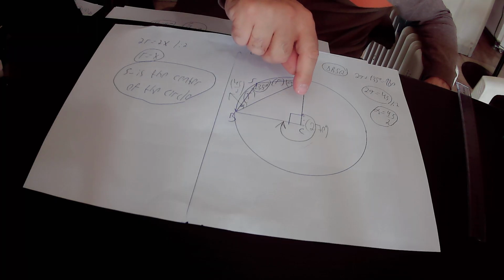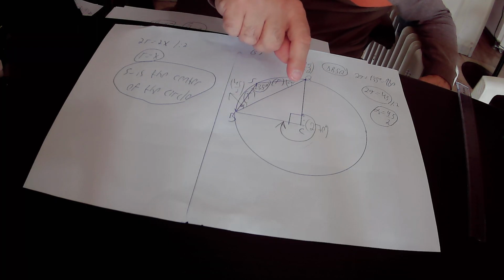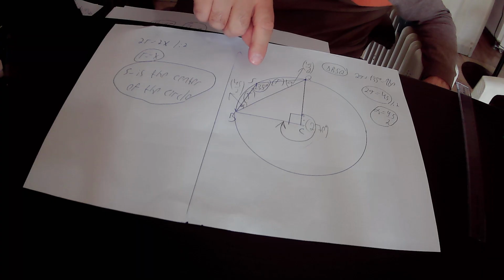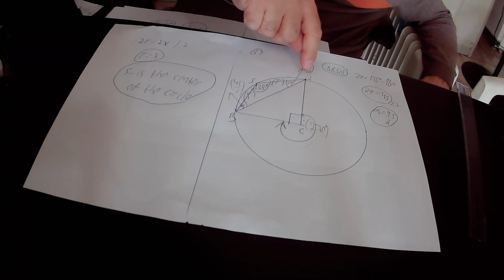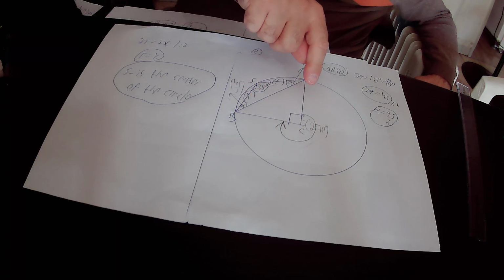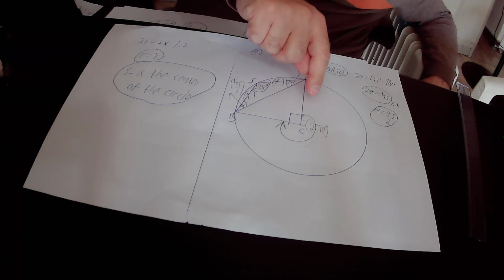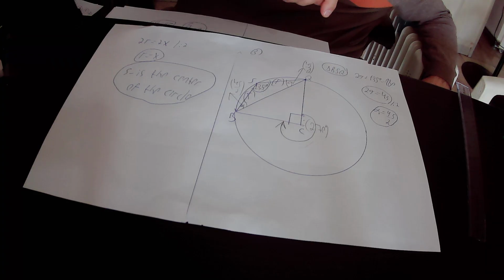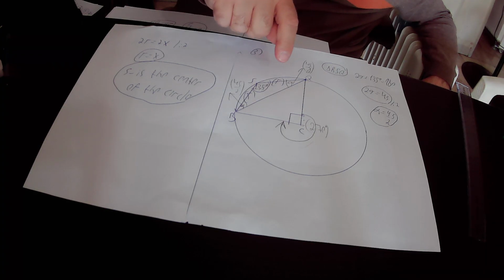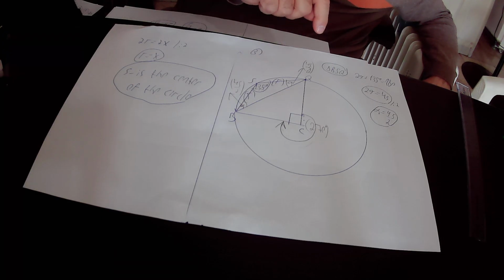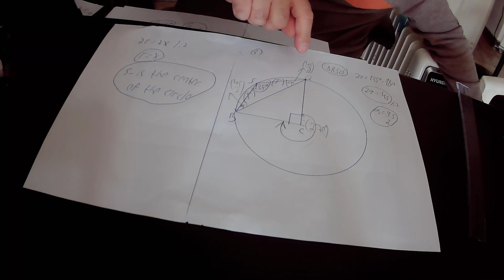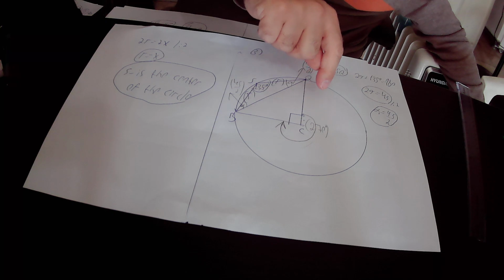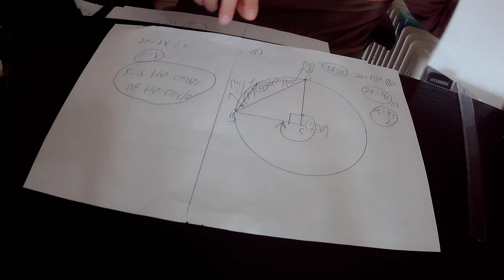Therefore, the central angle QCB must be twice as large as this peripheral angle QSB that is subtended on the same arc QB. Now we must find out the size of the central angle, and then the size of the central angle over 2 will be equal to the size of this peripheral angle according to rule number 13. We find the size of this central angle QCB according to rule number 6.